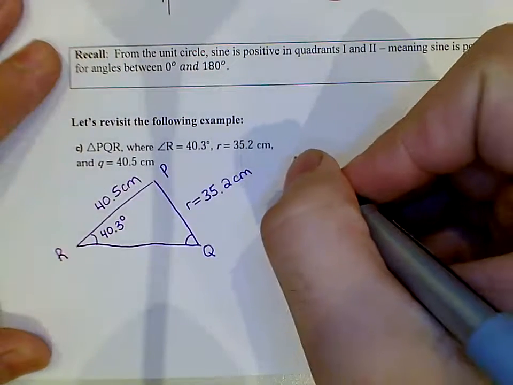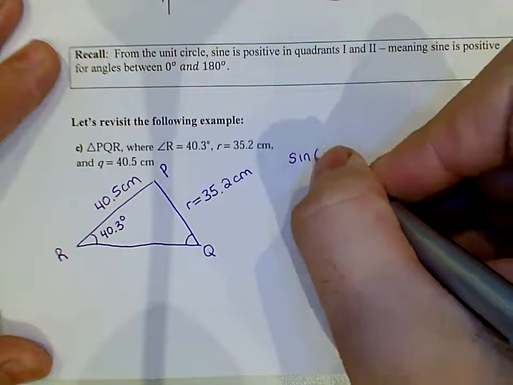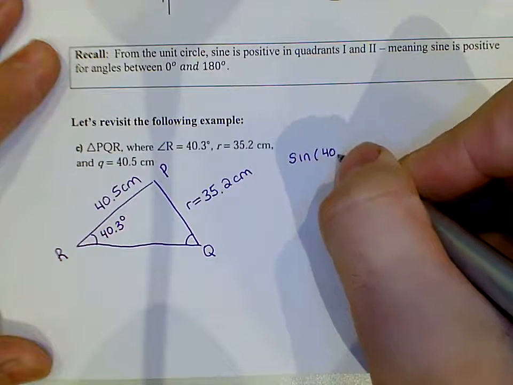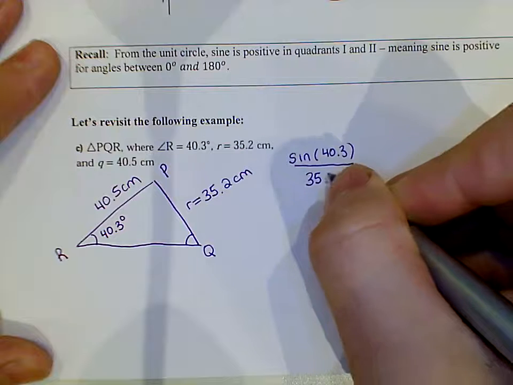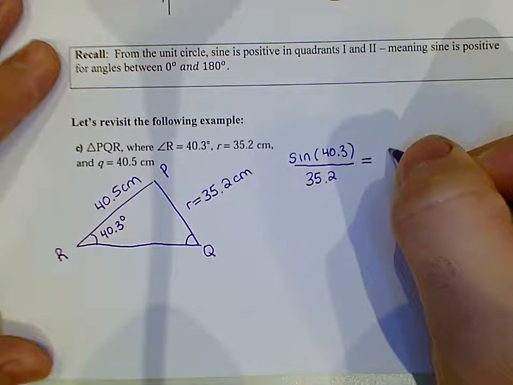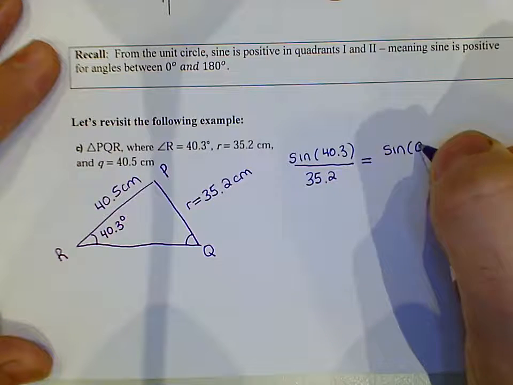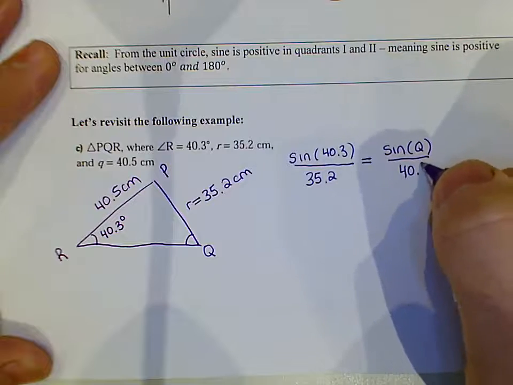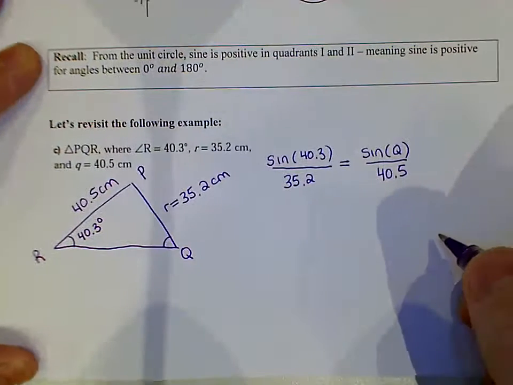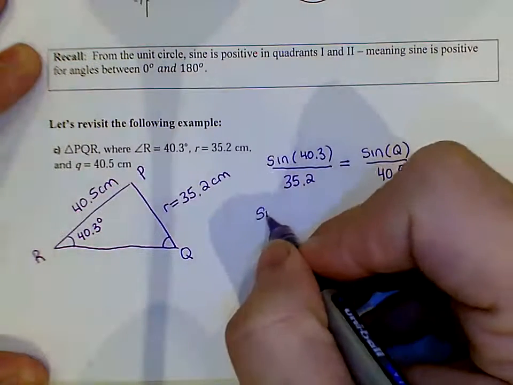So let's say sine of 40.3 divided by 35.2 equals sine of Q over 40.5. Let's bring the 40.5 over.